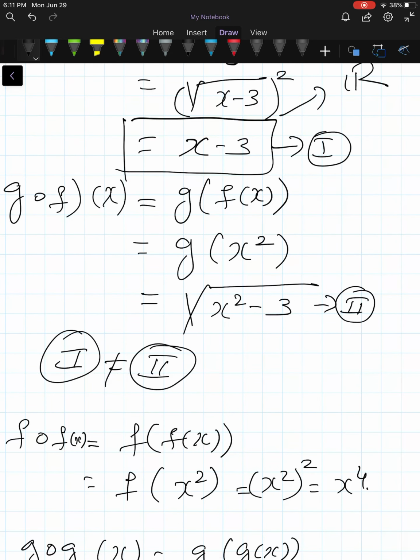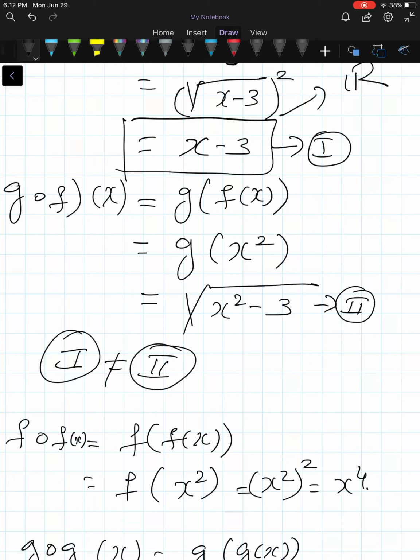So coming to g composed f, we have a square root. Now we have to be really careful. When will the value inside the square root be negative? When x square is less than 3, right? So when does x square give you a value less than 3?